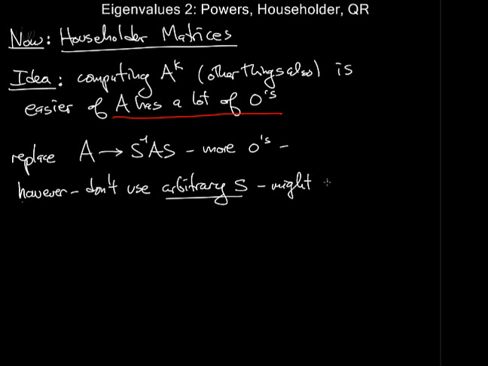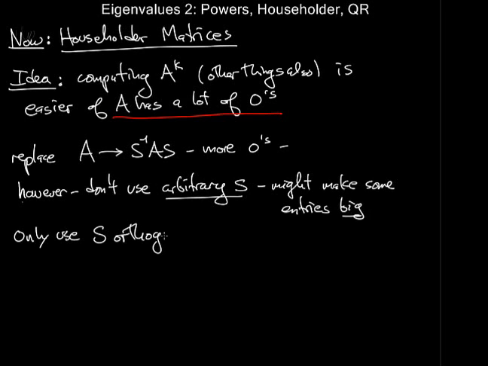That can really mess up your calculations and errors, and especially if you're doing this thing repeatedly, you can wind up with numbers which blow up. And so the idea is don't use any S, but only use an orthogonal S. And the reason is, remember that an orthogonal matrix preserves lengths. And as a result, it's not going to change the size of the entries of your matrix A very much.